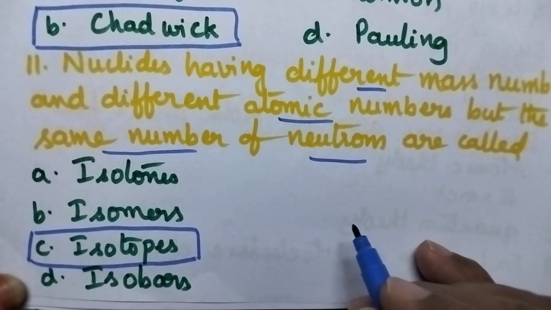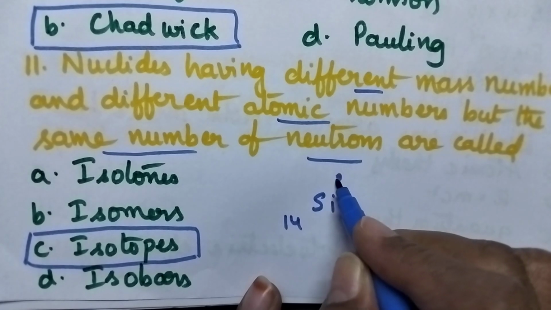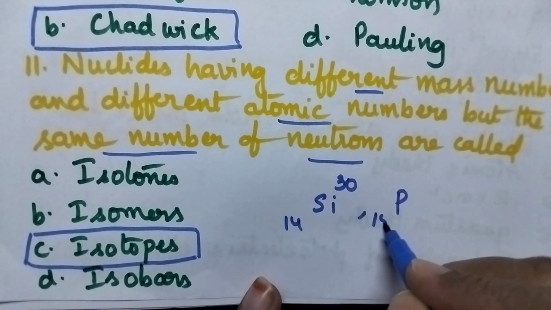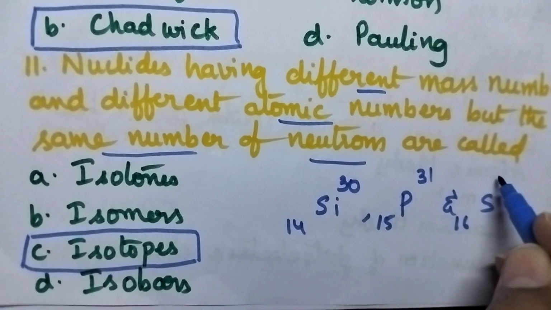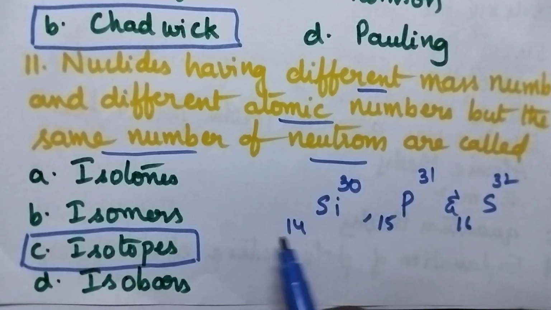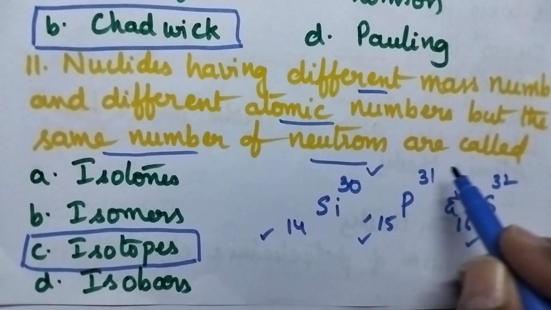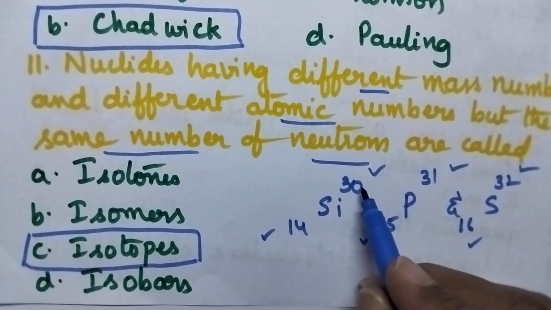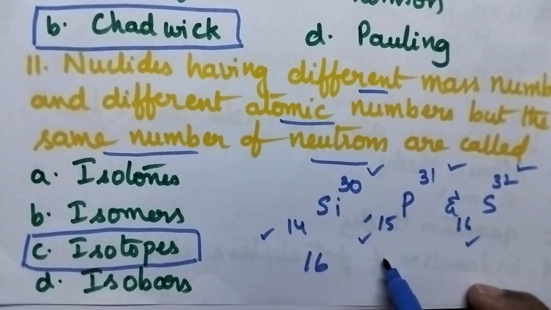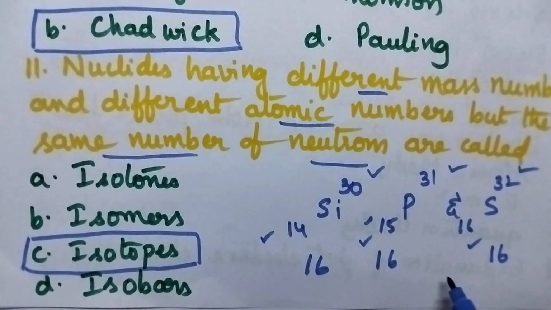And the best examples are silicon 14-30, phosphorus 15-31 and sulfur 16-32. When you carefully observe all these three elements, they consist of different atomic numbers and different mass numbers, but when you calculate the number of neutrons, mass number minus atomic number, all the three atoms consist of the same number of neutrons.